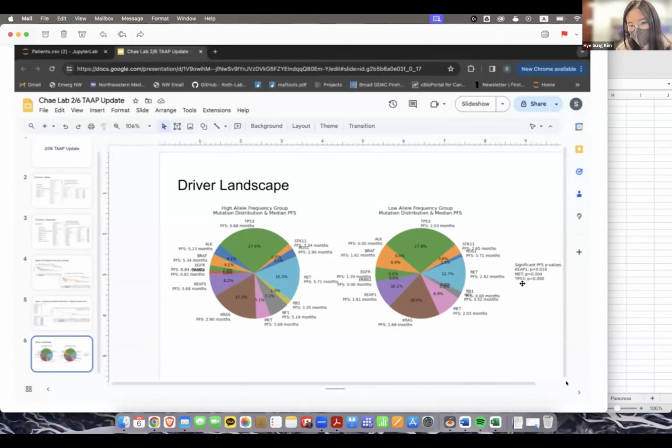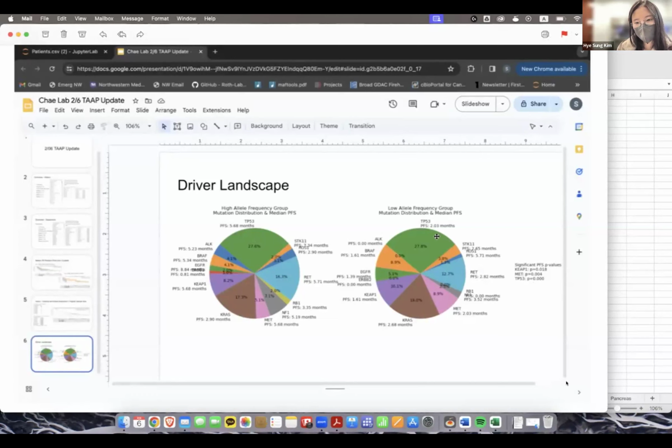So TP53 was statistically different with a very, very low p-value. In the high heterogeneity group, if there is a TP53 mutation, patients actually live a lot longer.